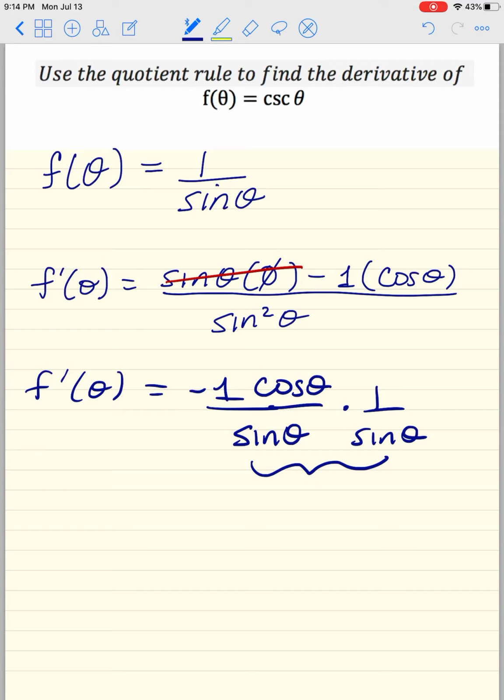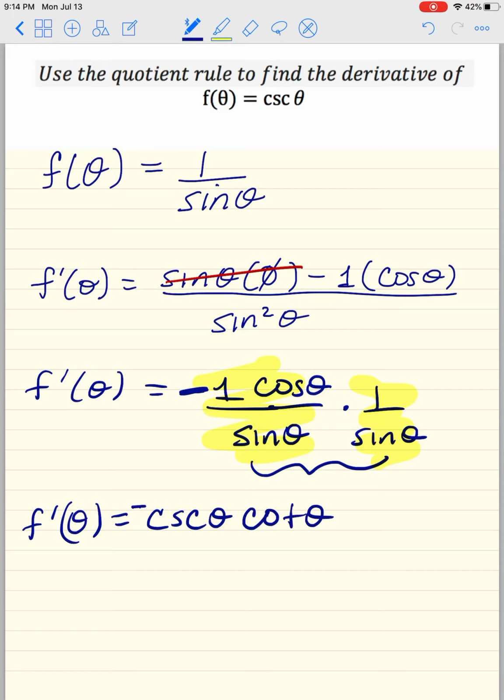And the reason why I did that is because I prefer to write it in terms of cotangent and cosecant. So this guy right here is going to be cosecant theta. And this guy right here is going to be cotangent theta. And there's a negative, so I'm going to put a negative.